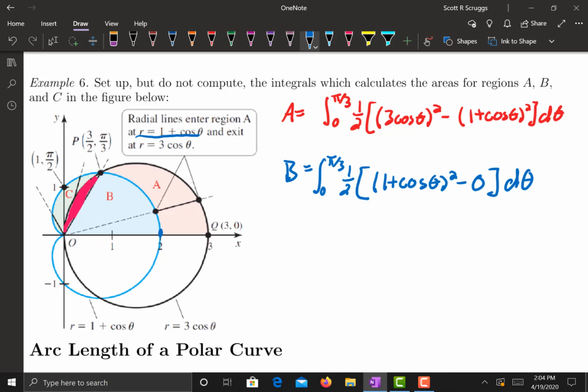And that's occurring from pi over 3 until I hit pi over 2. So from pi over 3 to pi over 2, the circle is greater, so it's going to be (3 times cosine of theta) squared minus (1 plus cosine of theta) squared.